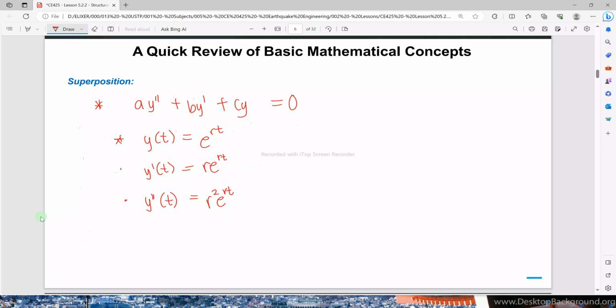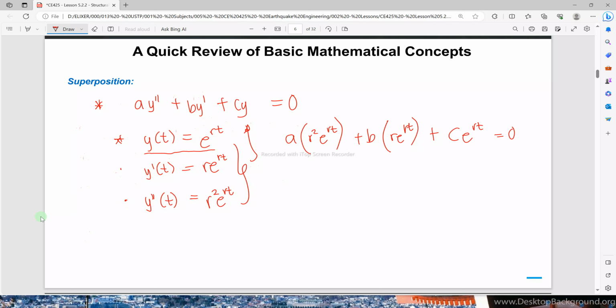Now if we substitute these values into this differential equation, we will have a times r squared e to the rt plus b times r e to the rt plus c e to the rt is equal to 0.